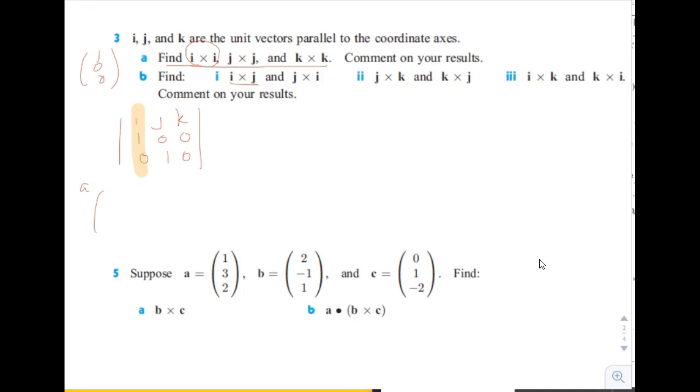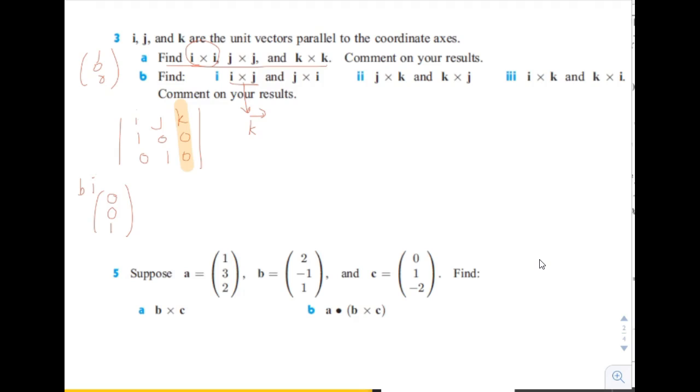And the J component would be 0 also. And then finally the K component would be 1 times 1 minus 0 times 0, and that would be 1. So actually I cross J does give you a non-zero vector. It gives you the K vector.